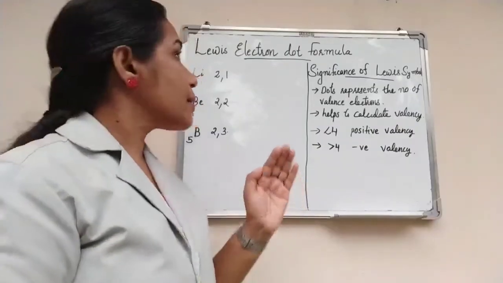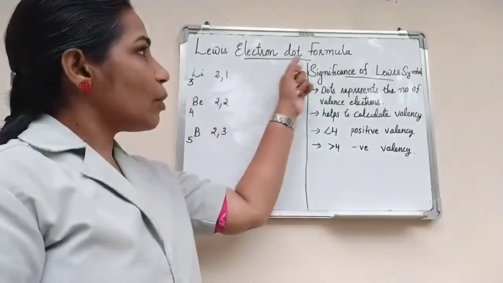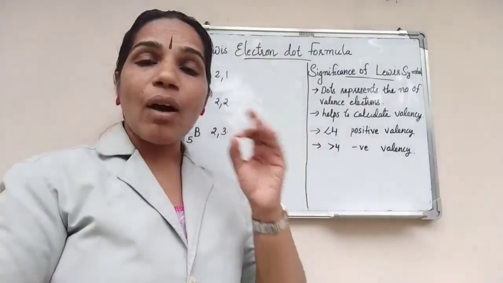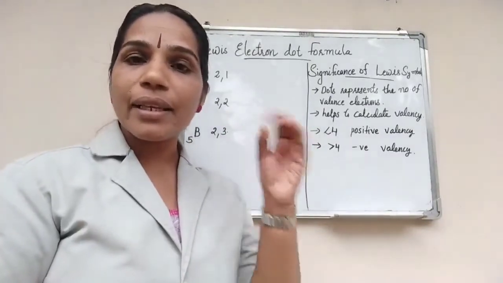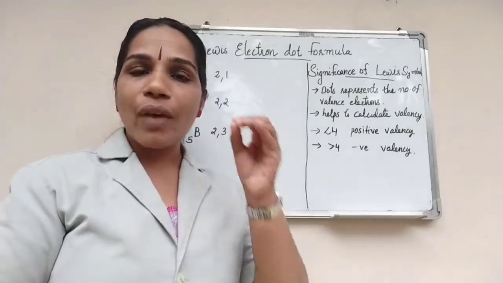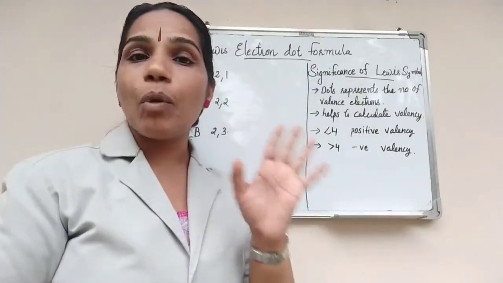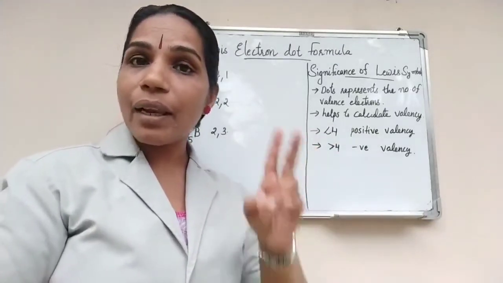Next topic is the Lewis electron dot formula. The electrons present in the outermost shell of an atom are known as valence electrons. And only these valence electrons are involved in chemical bonding.